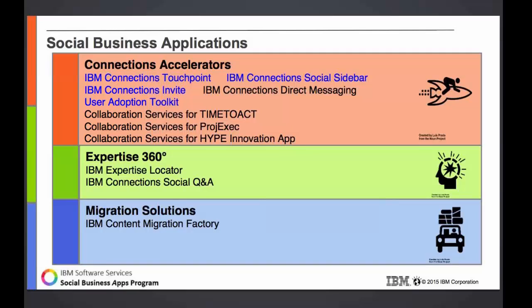We express expertise solutions in 2 default use cases, Expertise Locator and Social Q&A, with the ability to integrate expertise analytics into other business processes. Stay tuned for a webinar diving deeper into expertise solutions in the future. We also offer migration solutions for moving people and their content to IBM platforms, whether that is on-premises, in a private cloud, or in a public cloud.